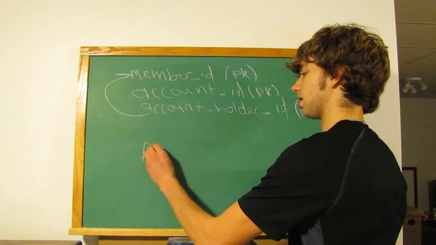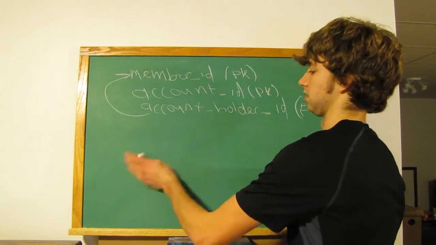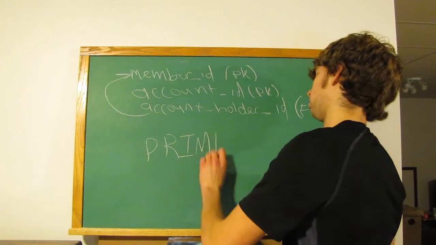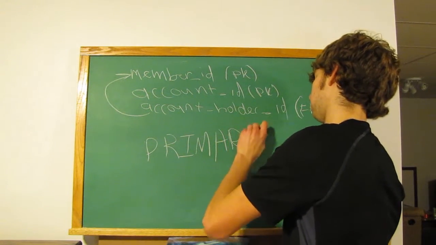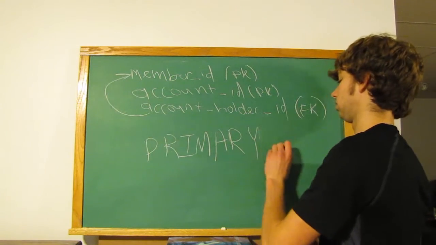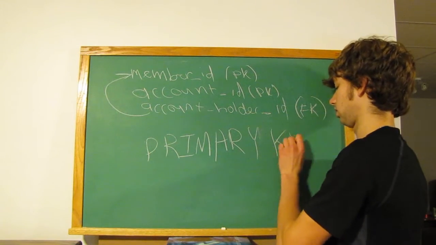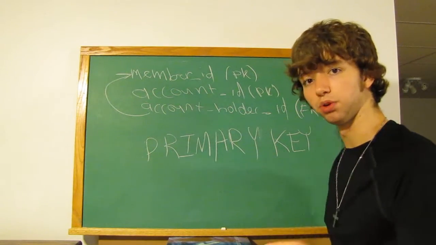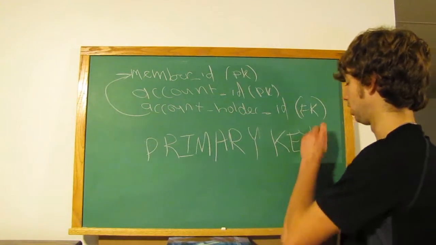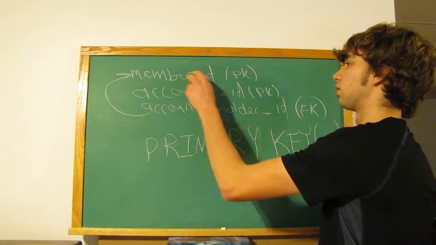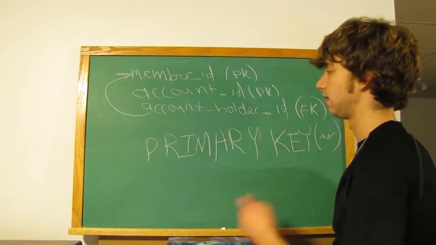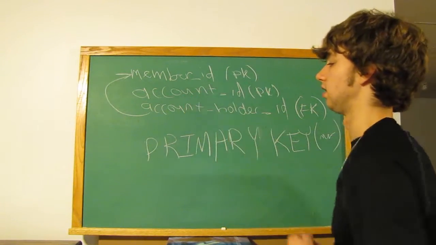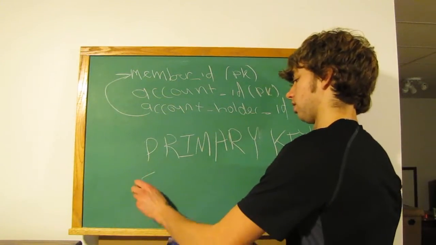To do this, we say PRIMARY KEY, capitalized, with a space here, but we do not put an underscore. So primary key, and then in parentheses, you put member ID. And then on the other table when we're creating that, we do the same thing. Primary key, account ID.